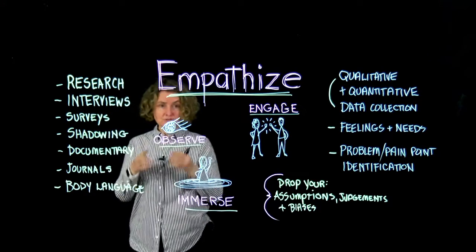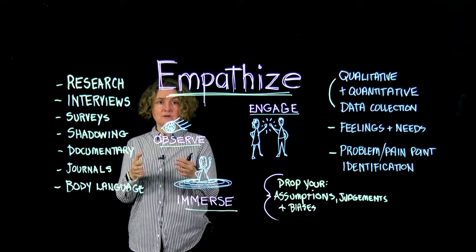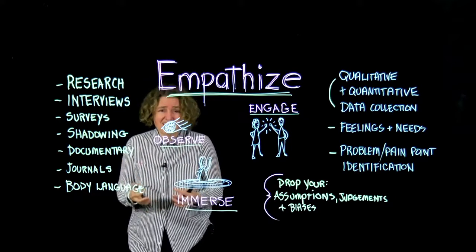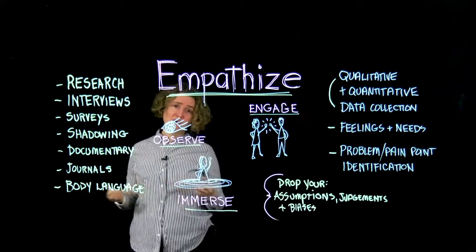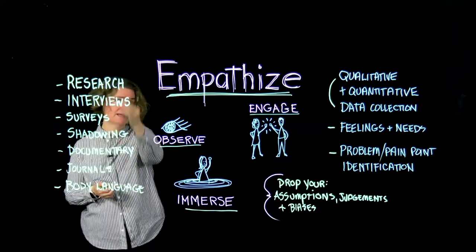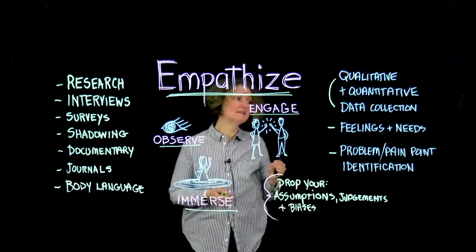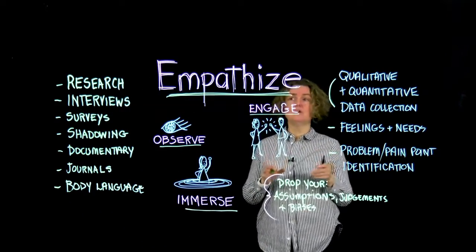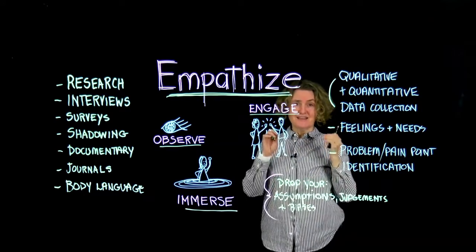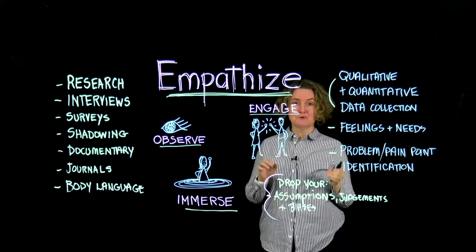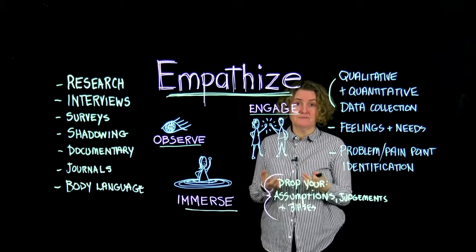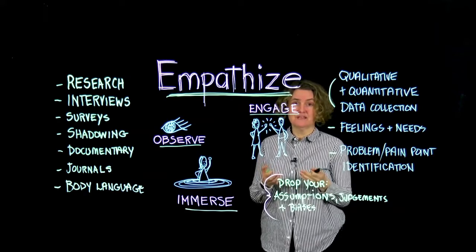Body language, also looking at the person, if it's a website observation, are they hunched over? Are they exhausted? What is their body telling us? So there are lots of different ways to collect this qualitative data that's critical to the design of products that make people happy, that bring them joy, that create the feelings that we want them to have in the use of the things we create.